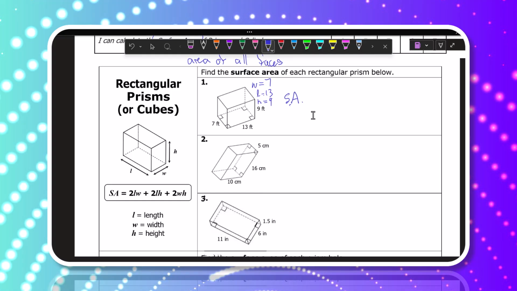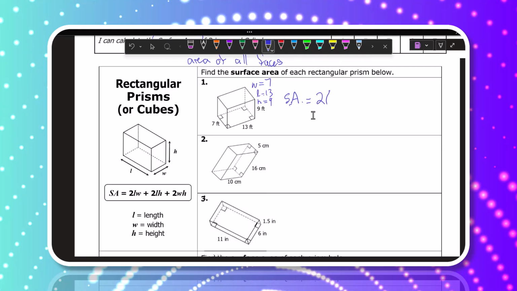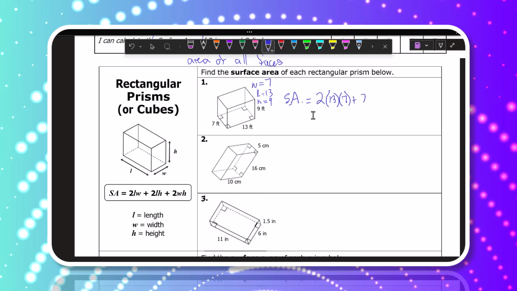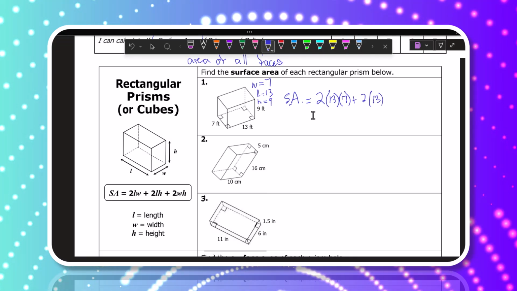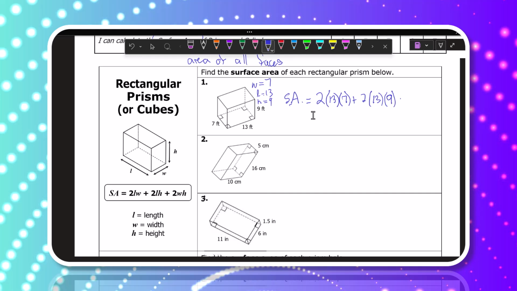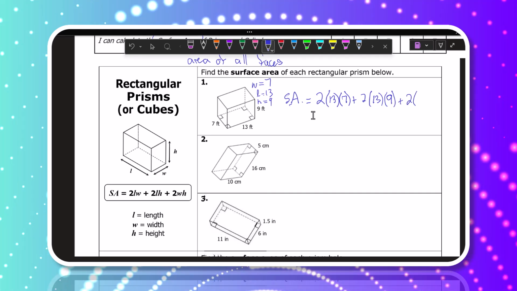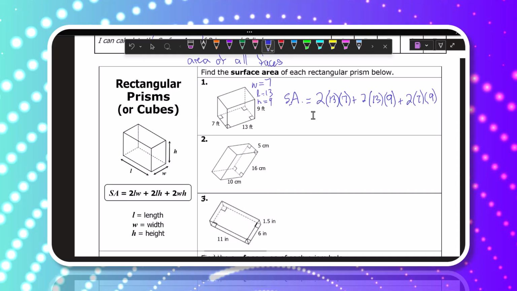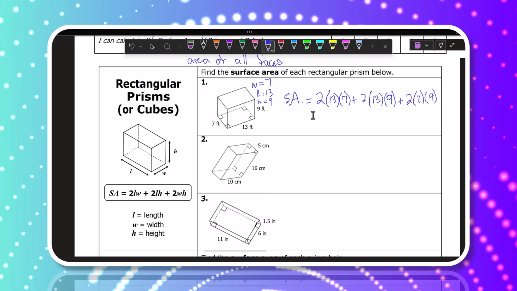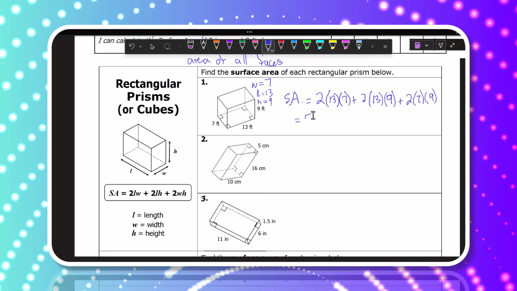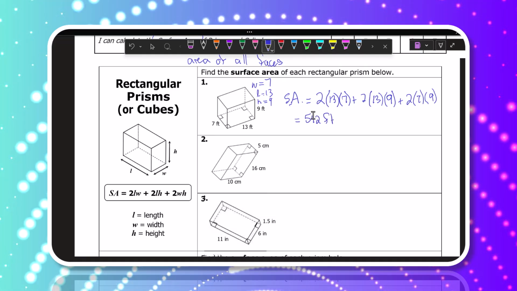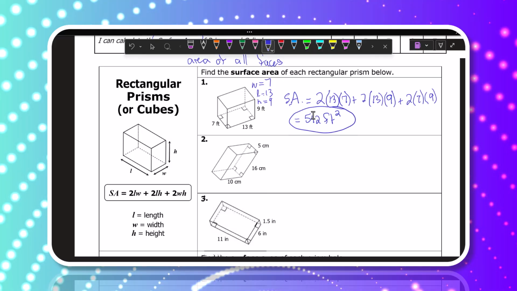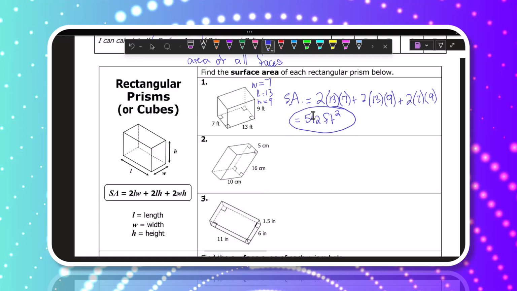So our surface area is equal to 2 times our length times our width plus 2 times our length times our height, that's a 9, plus 2 times our width times our height. So we throw that all in Desmos or the calculator, and we should get 542 feet squared. Since we're talking about area, these are all going to be units squared, whatever the units are in the picture.